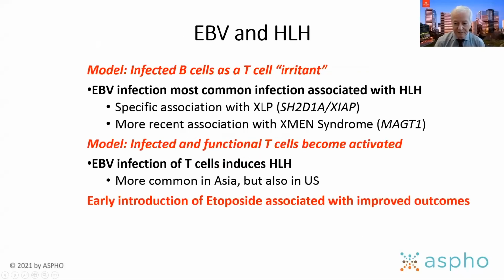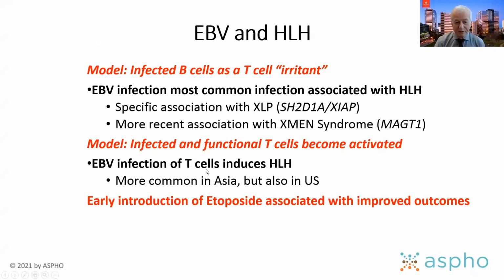EBV is a frequent cause of HLH because the infected B cells act as a T cell irritant and drive those T cells to keep stimulating the macrophages. This is often found in the context of XLP or X-Men syndromes, but sometimes T cells can be infected by EBV and cause a horrendous form of HLH associated with a T cell malignancy.